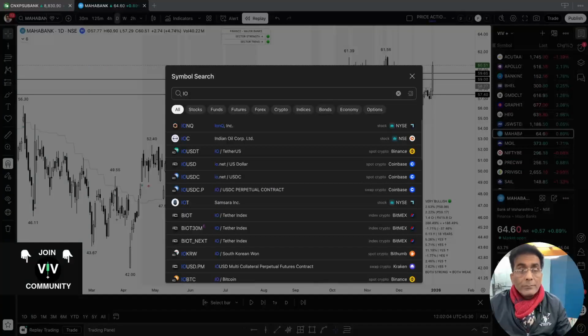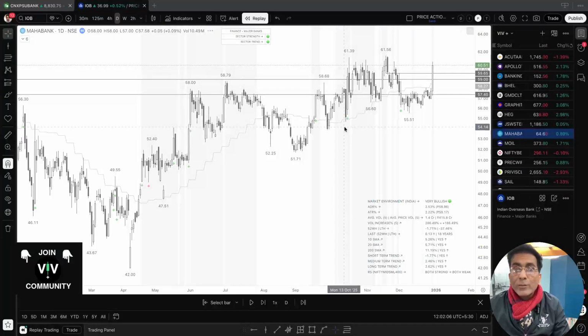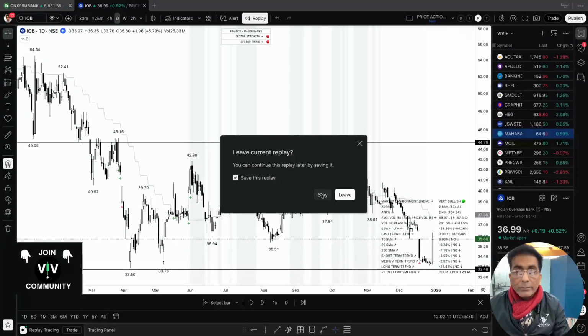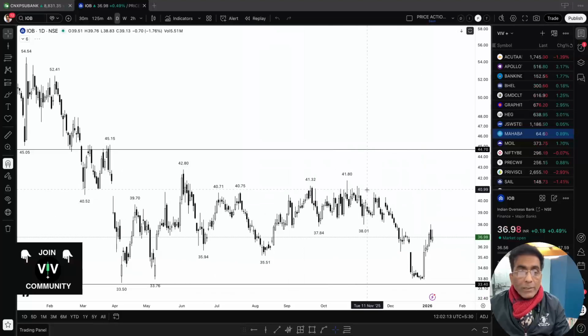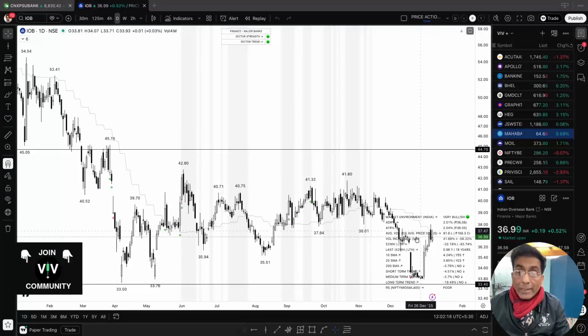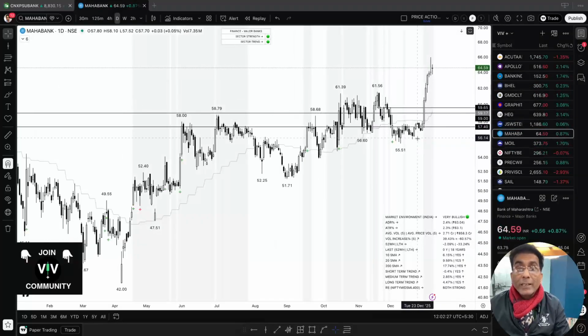Like, let's see Indian Overseas Bank. See, even Indian Overseas Bank is dead. But Maharashtra Bank is trading near its 52-week high, while the other is trading near its 52-week low. So this is the difference. This stock is following the sector, meaning it is also a leader.